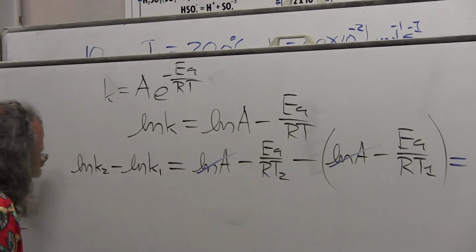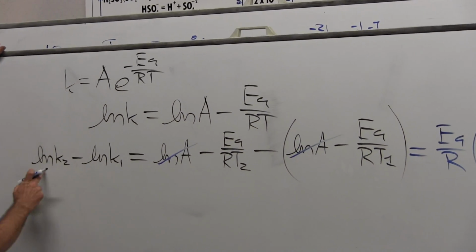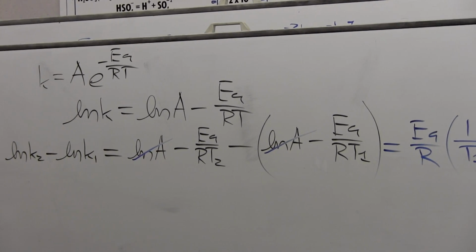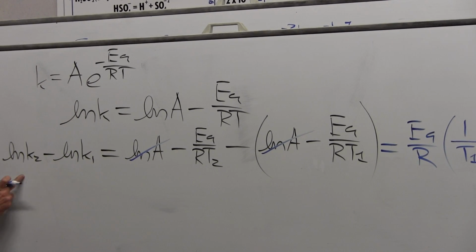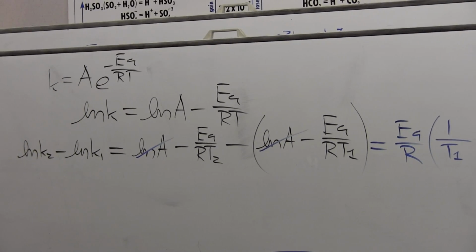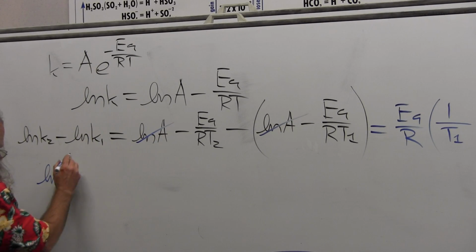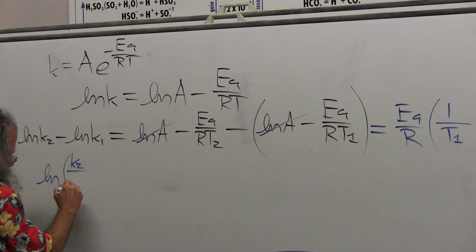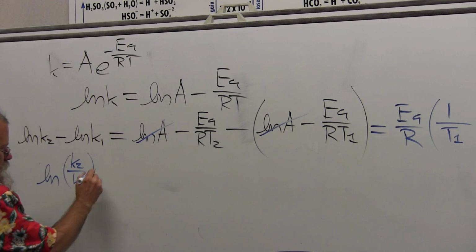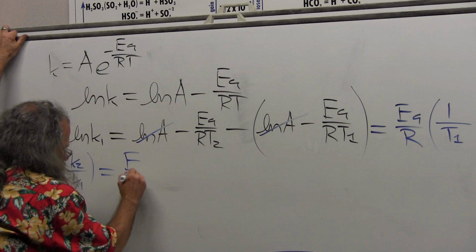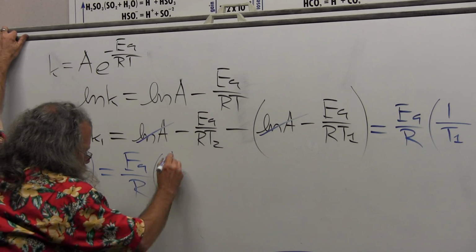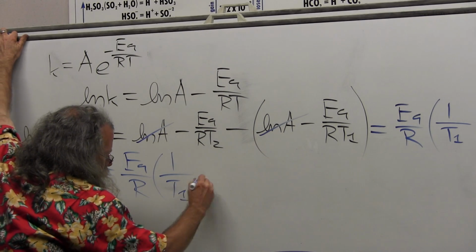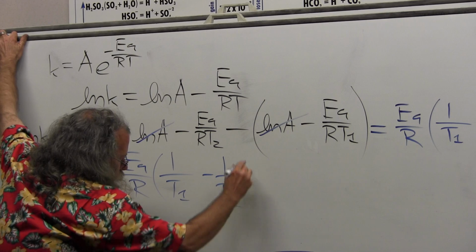Now I can simplify this part by the rules of logs. What is the natural log of k2 minus the natural log of k1? It's the natural log of k2 over k1, equal to Ea over R times 1 over T1 minus 1 over T2.